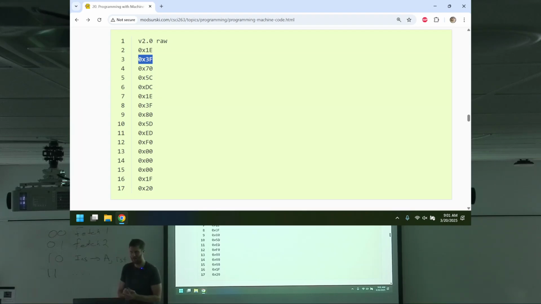Is that clear? But this might feel a little funny to you, because this was program code. I know this is data, but let me put it this way.